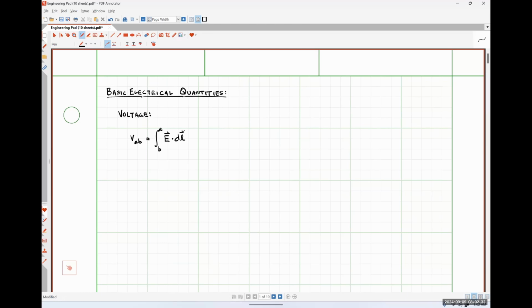Okay. So how many of you guys have had physics 202? Handful of you, right? So what is an electric field vector? Whenever we have some sort of separation of charge, there exists an electric field that is directed outwards from a charge.